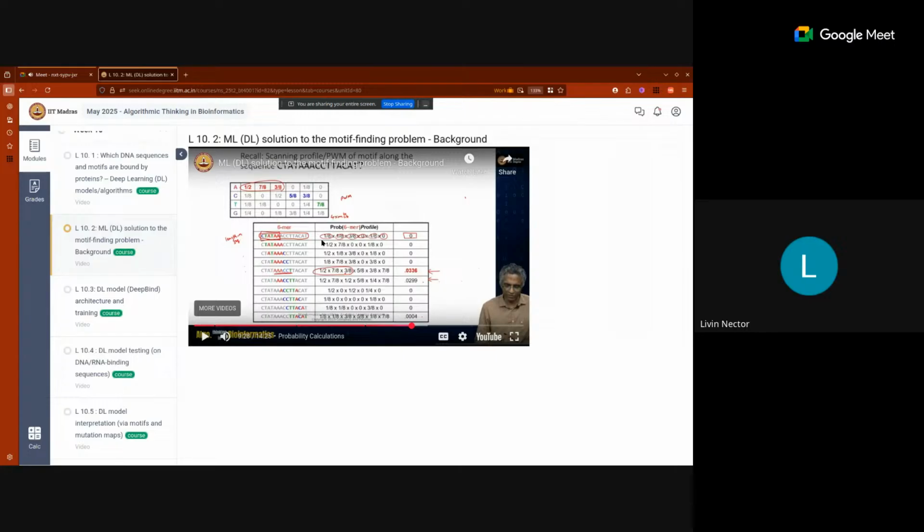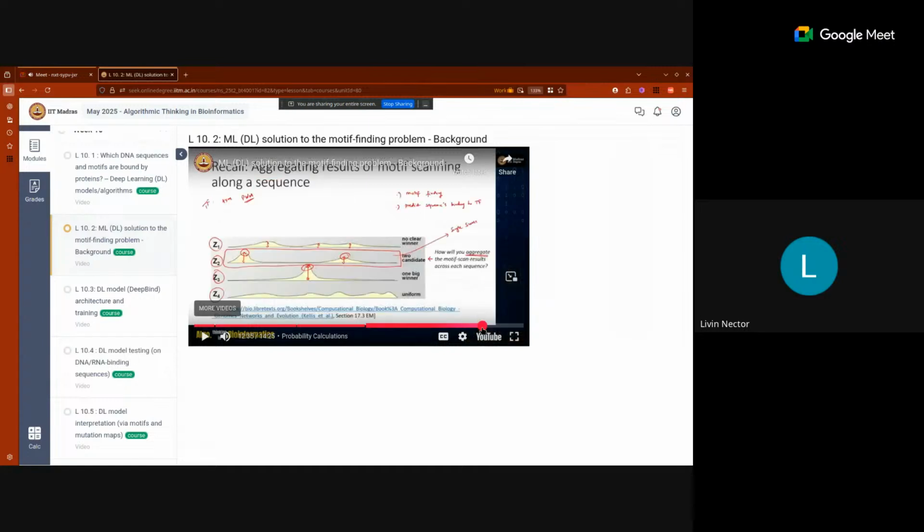In a deep learning model, you will find the convolutional kernel weights, right? So here this PWM is also like a kernel, and with the data, we will be finding the values. So that is the main idea about this.